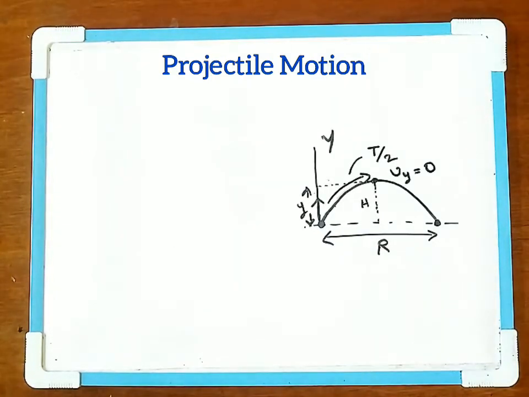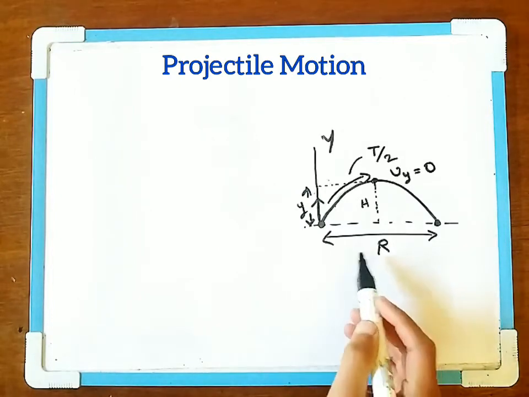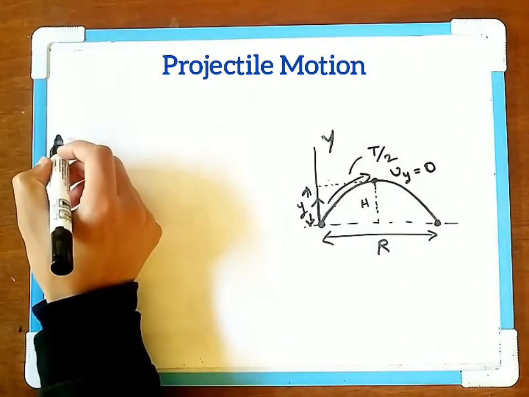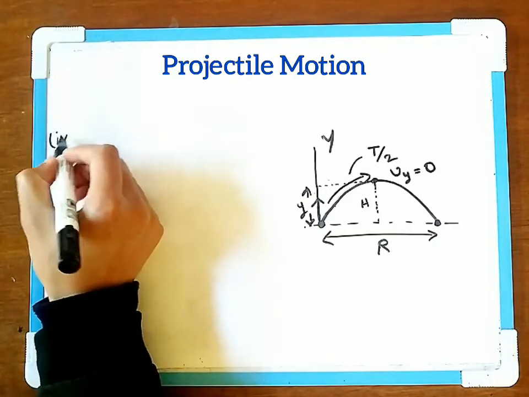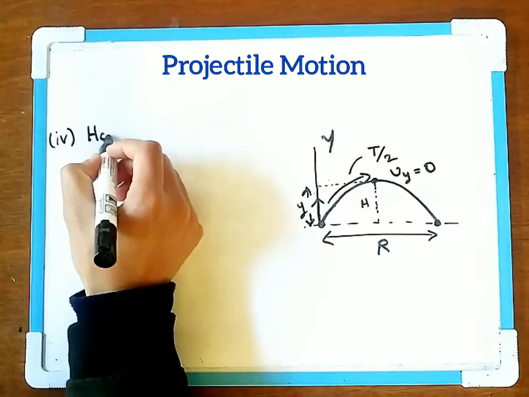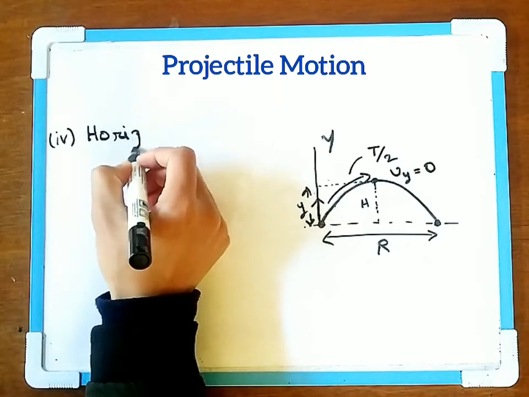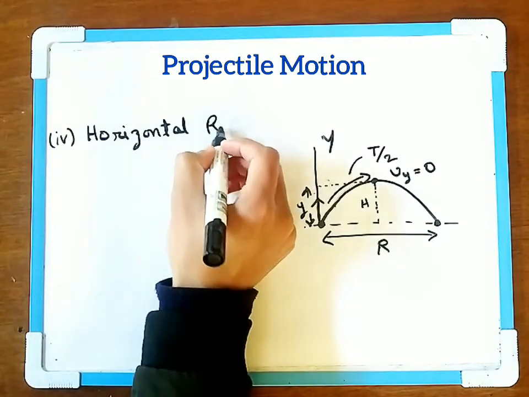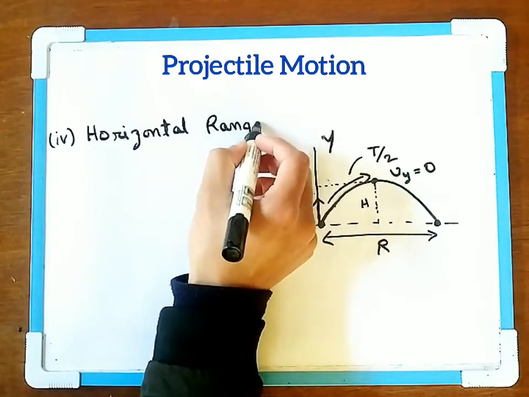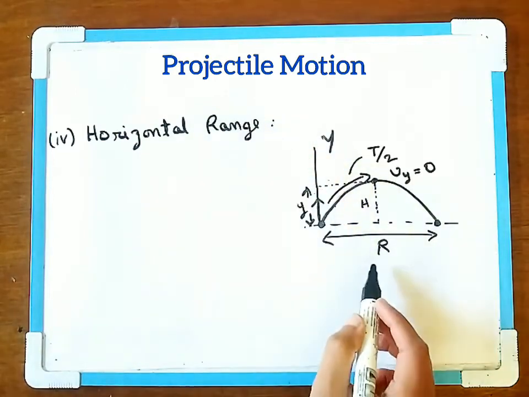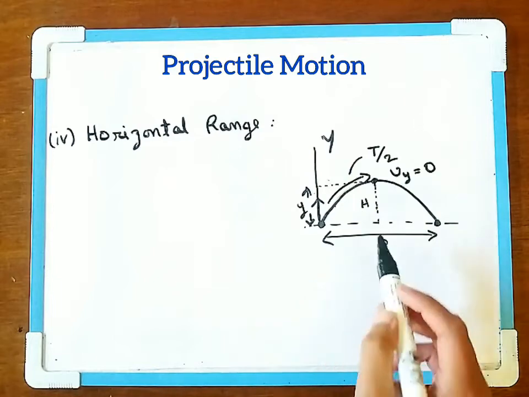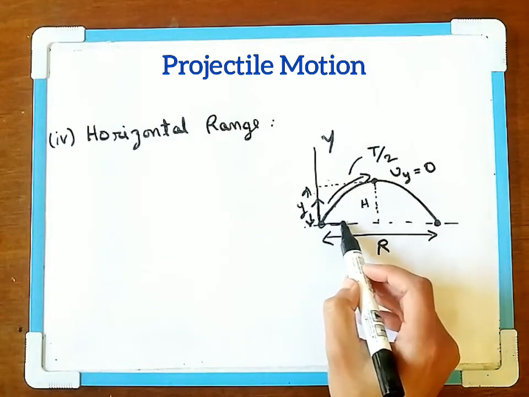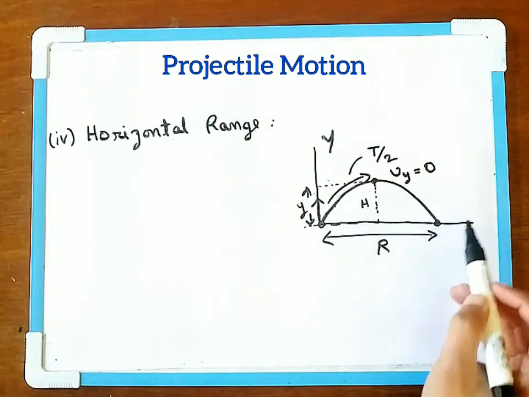Next we are going to find the range of the projectile, the horizontal range R of the projectile. So that will be number 4, and this will be the horizontal range of the projectile. This is denoted by R. Again, here we have to use one of the equations of motion, and this is along the x-axis.